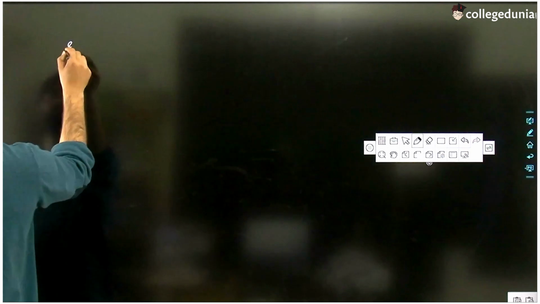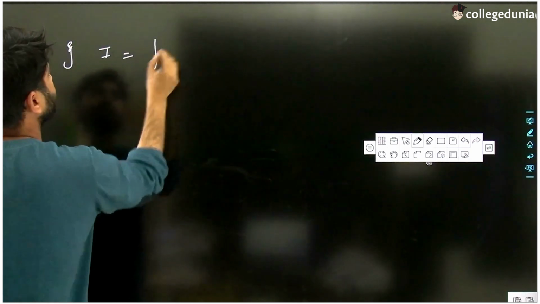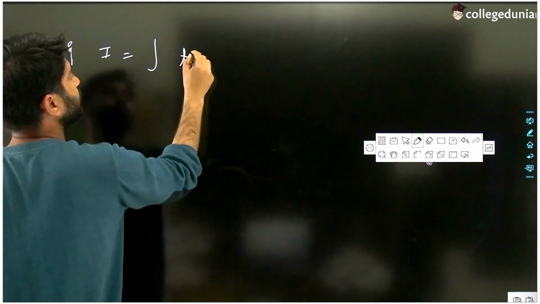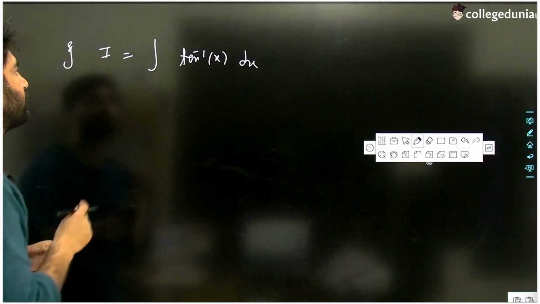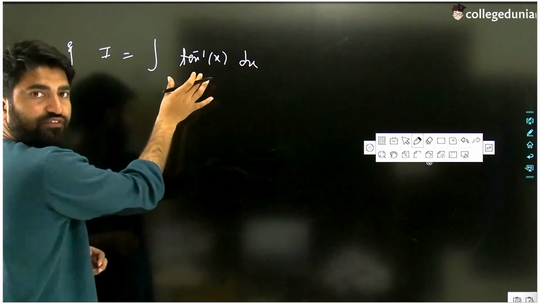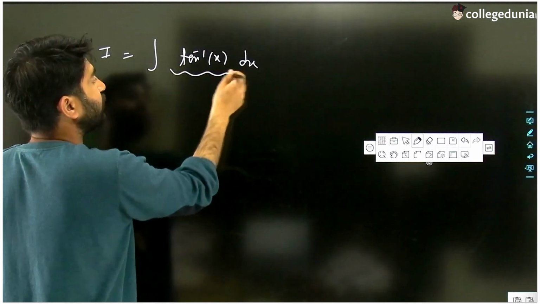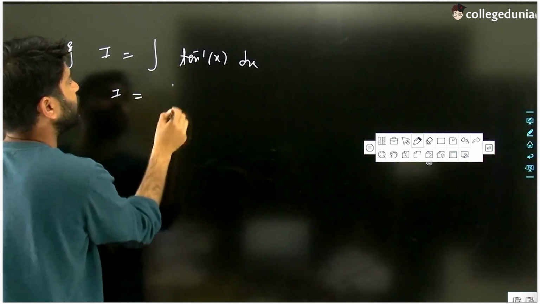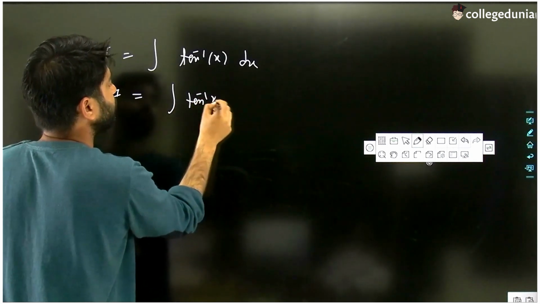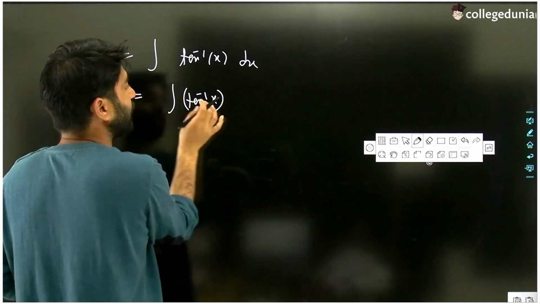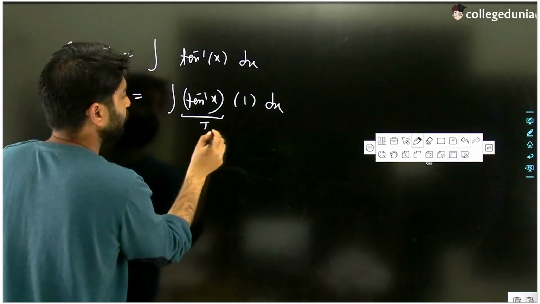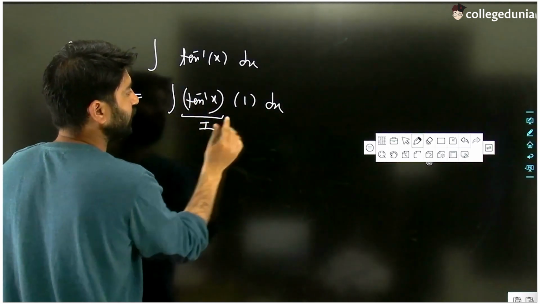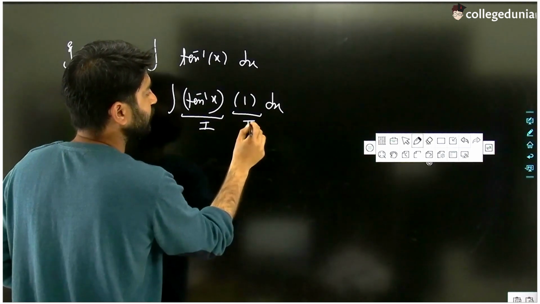Similarly, we can integrate tan inverse x. In tan inverse x, this is an inverse trigonometric function. There is only one single function. So we can write this tan inverse x as a product of tan inverse x and 1. Again, we are taking this tan inverse x as the first function and 1 as the second function.